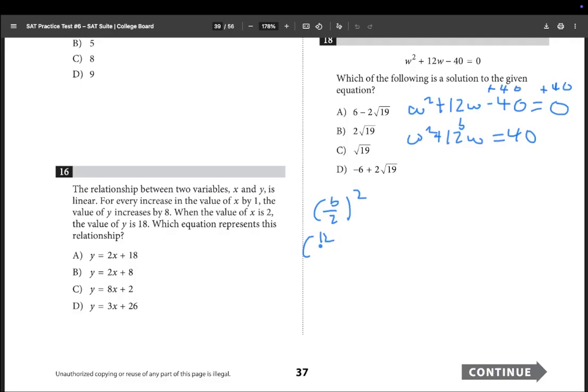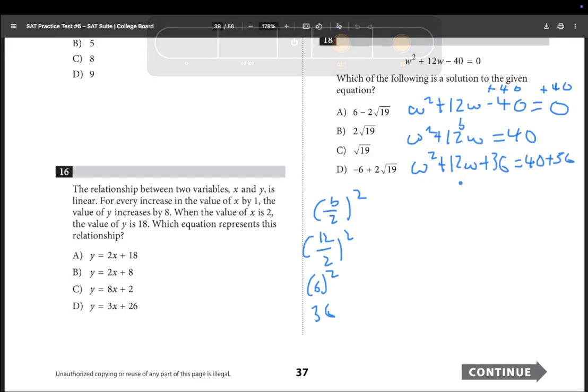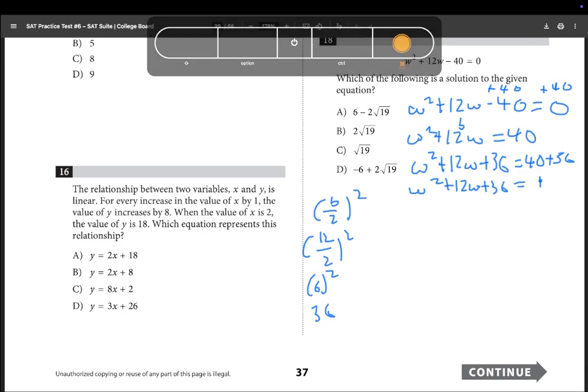So 12 over 2 squared, so 6 squared, that's going to equal 36. So we write a 36 on the left side and also the right side to keep it equal. So w squared plus 12w plus 36 is equal to 40 plus 36, which is 76.